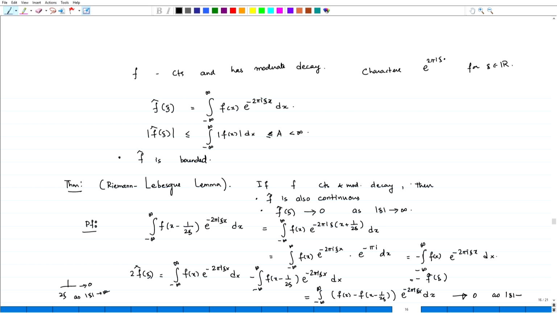So, what we have got is the Fourier transform version of the Riemann-Lebesgue lemma. What it says is that f hat is bounded. Now, one can ask: if f has moderate decay, is f hat going to have moderate decay? Because finally, what we want is to chase the inversion formula or the Parseval identity.